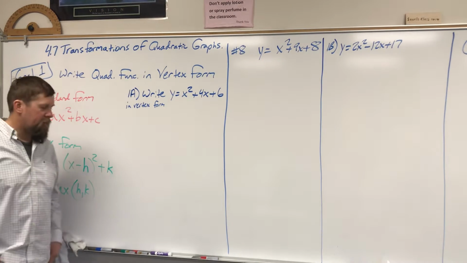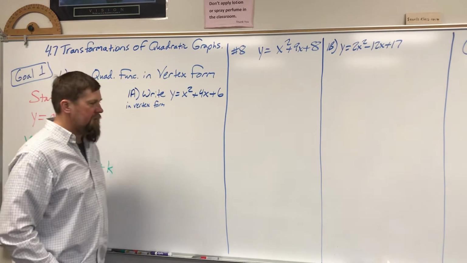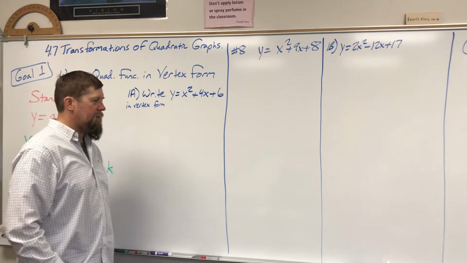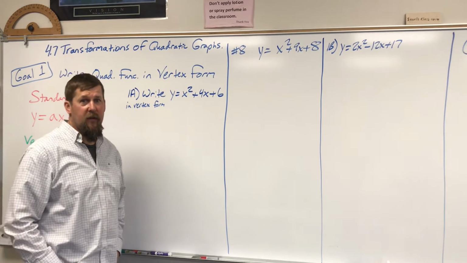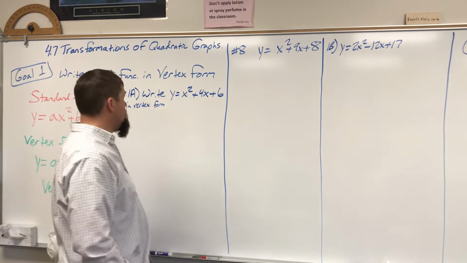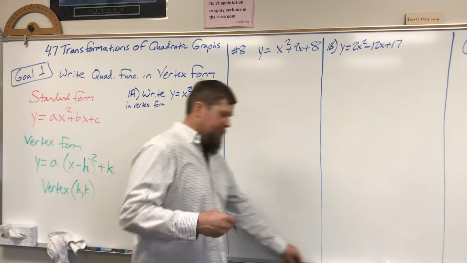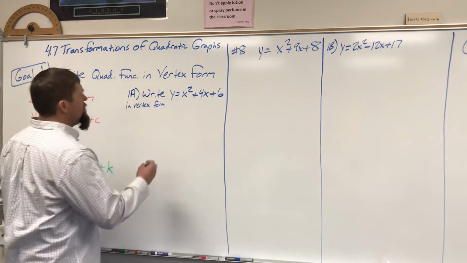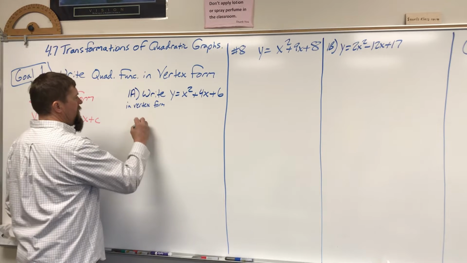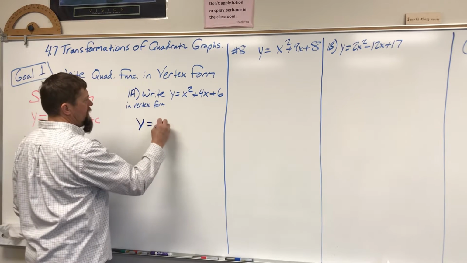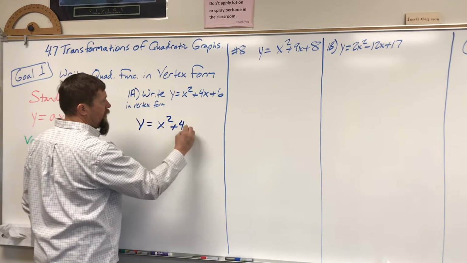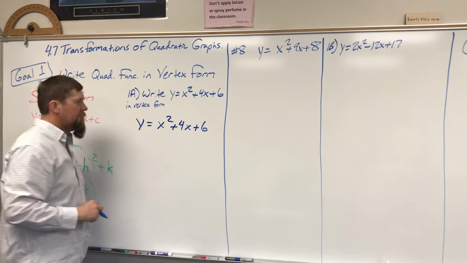All right, I'm going to go through a few examples here. There are a couple of tricks to this, so please pay attention. The first one I have here, 1a in the book, is y equals x squared plus 4x plus 6.